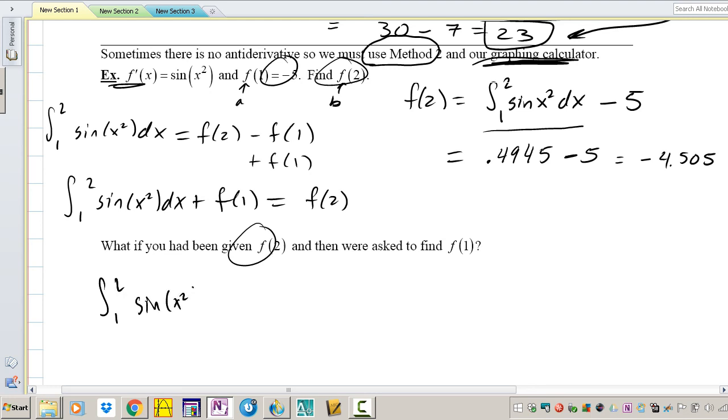Sine x squared dx is equal to f of 2 minus f of 1. So if I wanted to solve for f of 1, let's say I already know what f of 2 is.